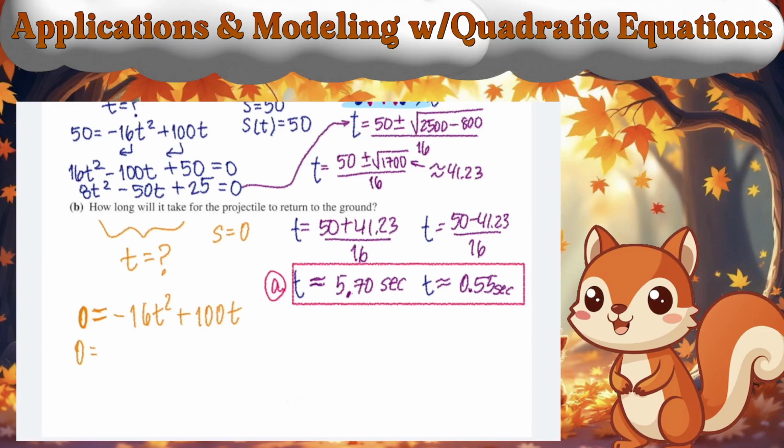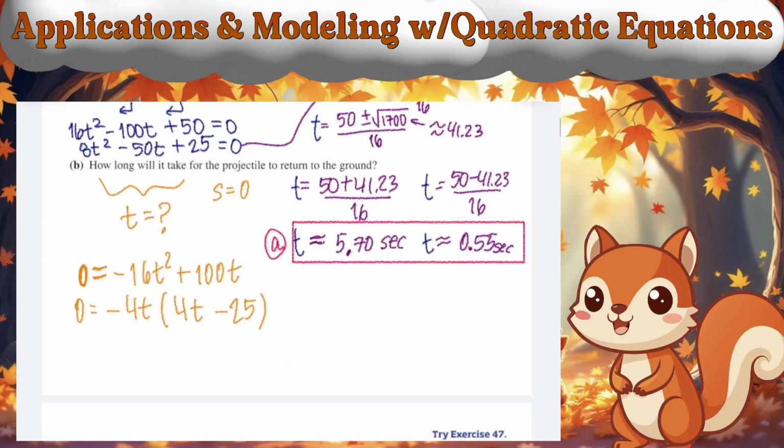0 equals, what can I factor out? How about a negative 4t for my GCF? That leaves me with 4t minus 25 on the inside. Zero product property. I'm going to get t equal to 0 from that guy right there, right?